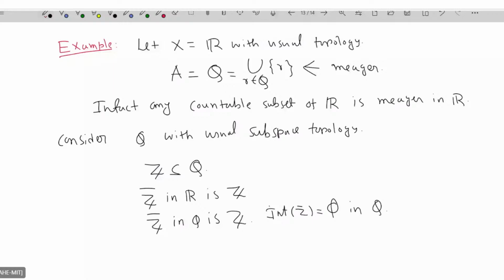But now the question is whether the set of all rational numbers is a set of first category or second category. The set of all rational numbers is a meager set. We learned that till now in the usual topology, R with the usual topology.